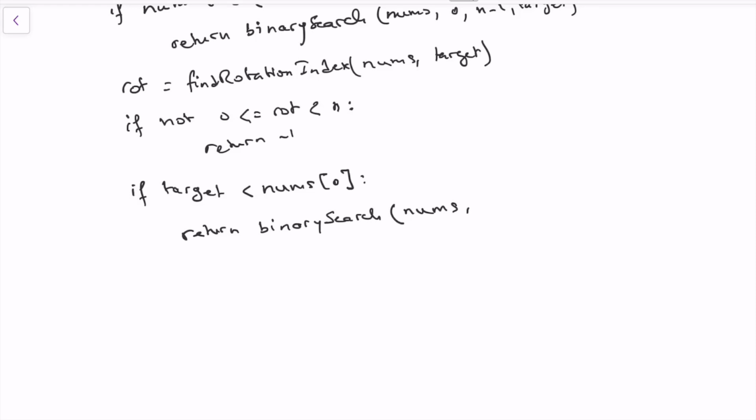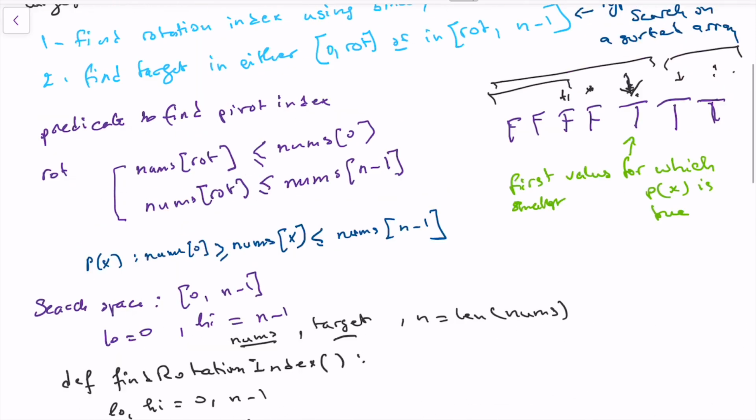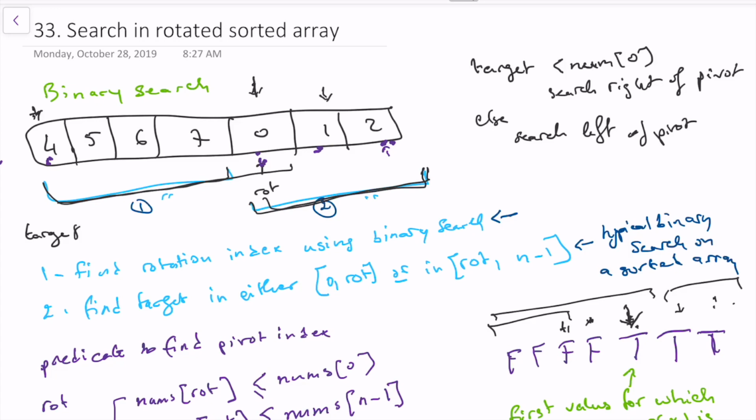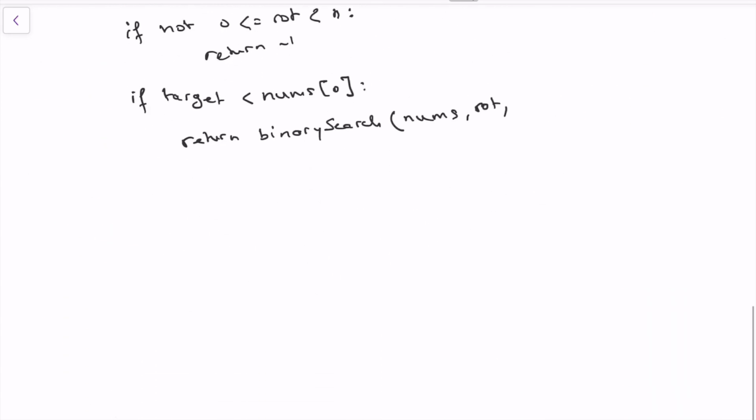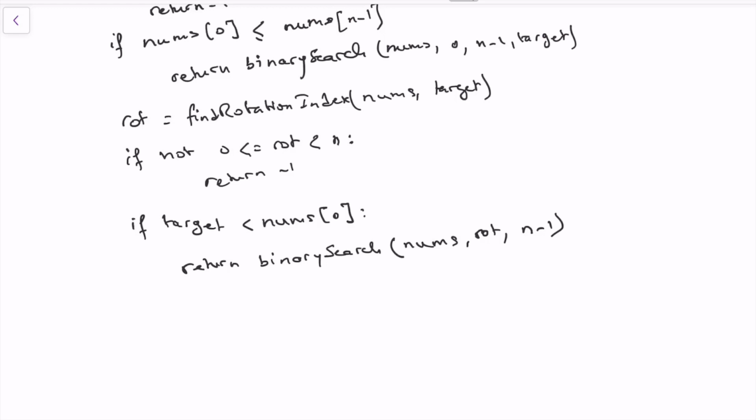We are searching right, so the lower value where we will be starting is at this rotation position, and the last value where we'll be searching is n-1. That means we start at rotation and end at n-1, and we'll be looking for target, right?